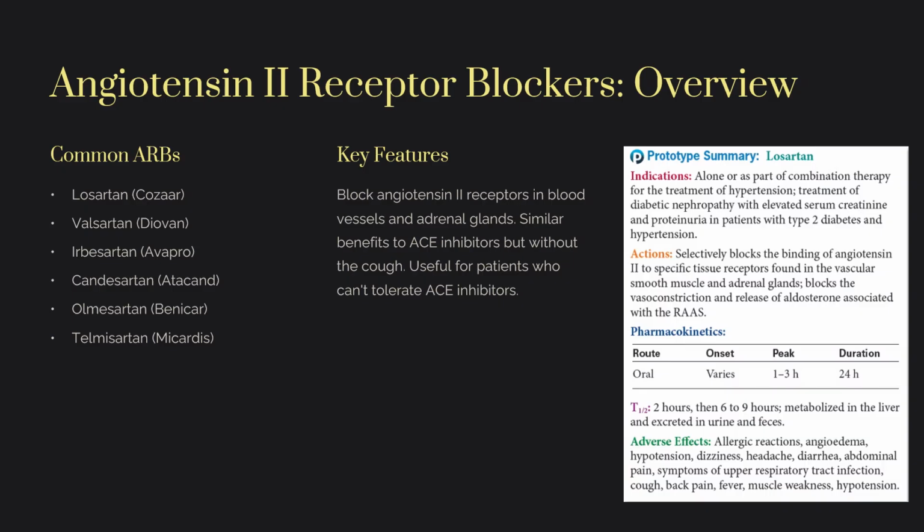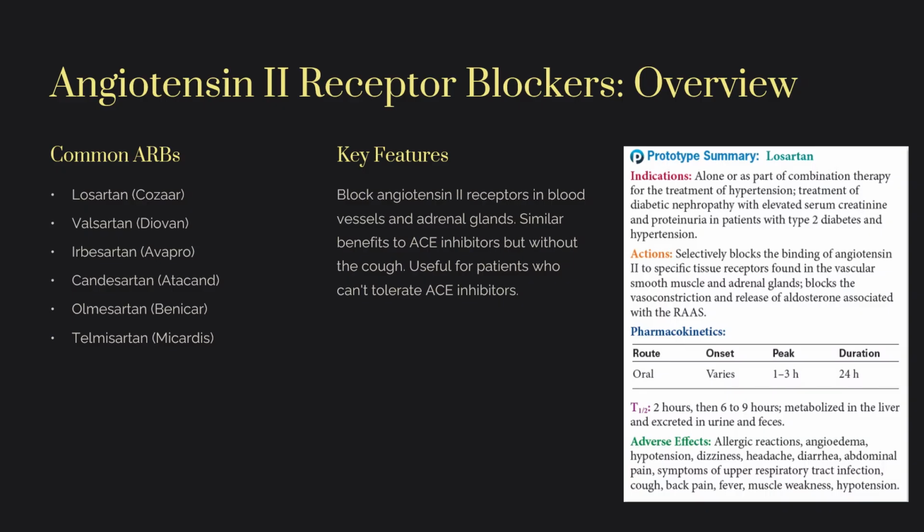Let me see if there's anything else I want to tell you here. I don't think so. Everything else that that drug card says is in line with ACE inhibitors.